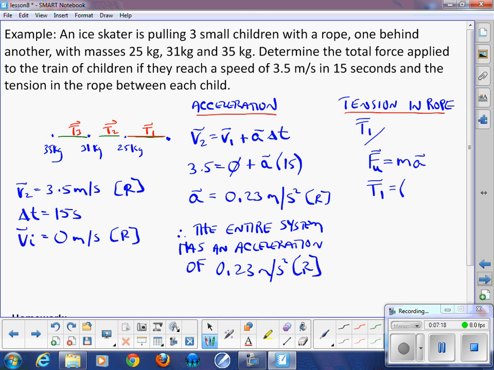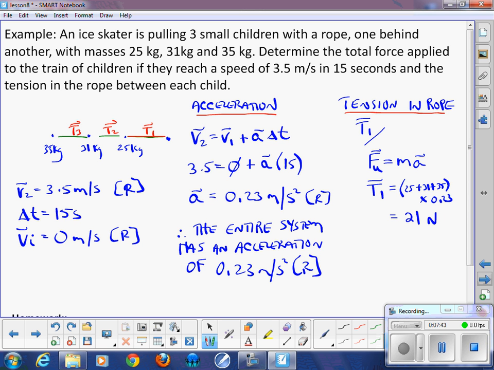So our unbalanced force is the tension in the rope. The mass of the system: you're looking at the 3 individuals that the skater is pulling. So 25 plus 31 plus 35, and we're going to multiply it by that acceleration, so times 0.23. That will give us the applied force, or the unbalanced force, in that first rope.